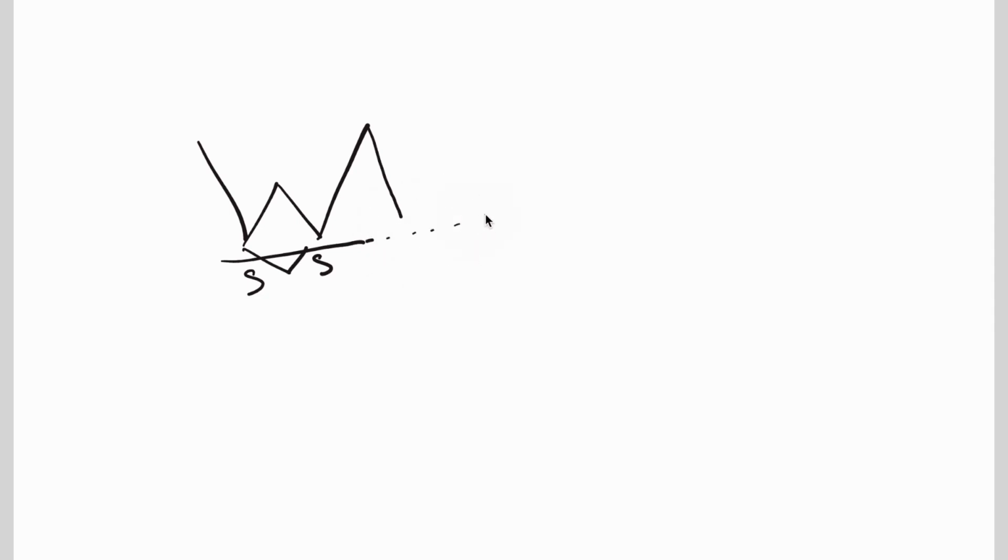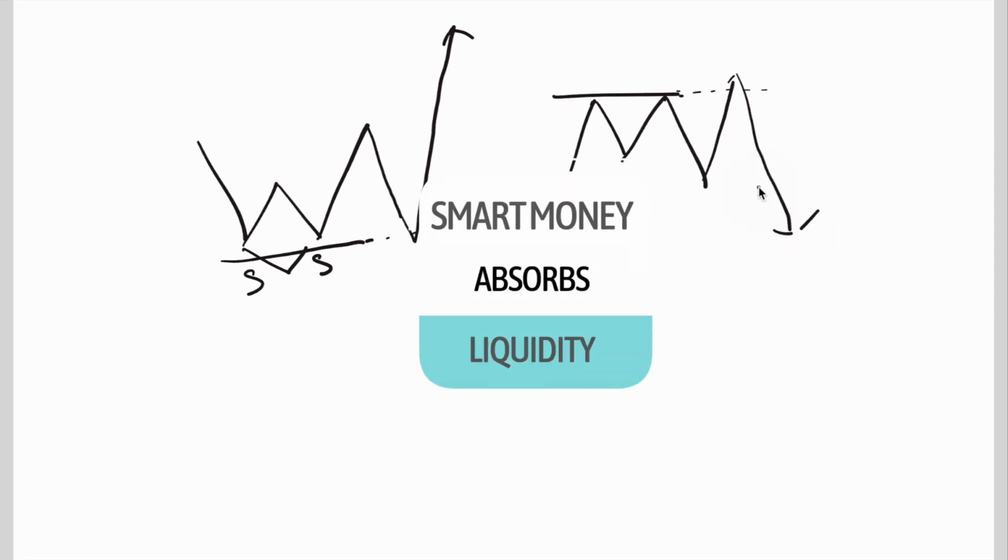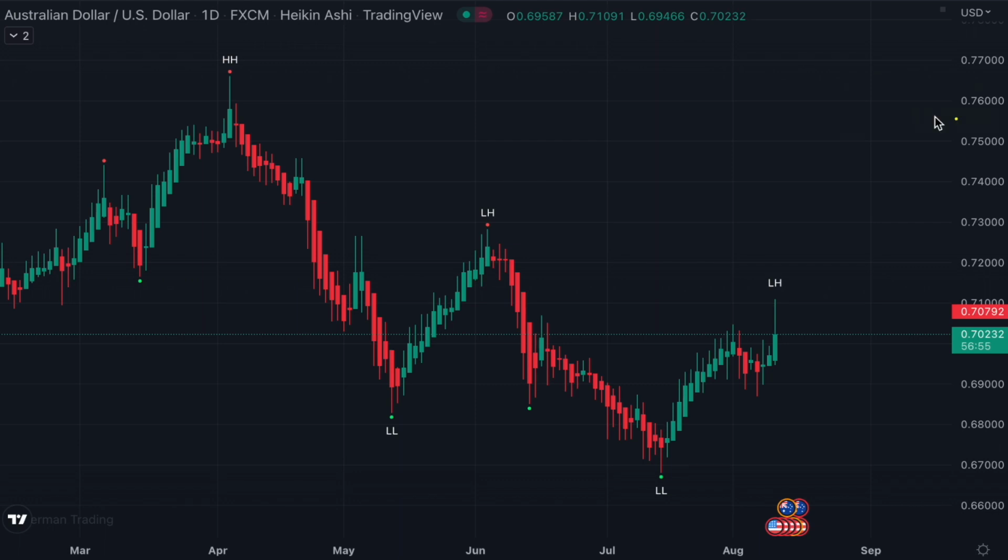You are maintaining your stop loss, but the institutional players, they make your stop loss hit and then continue in the same direction. Same way we can consider this. This is the stop loss. Your stop loss is hit and then it continues in the same direction. So this is how smart money absorbs liquidity, and you don't want to be the liquidity.